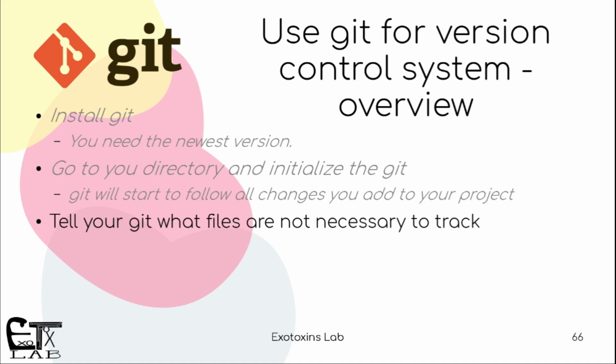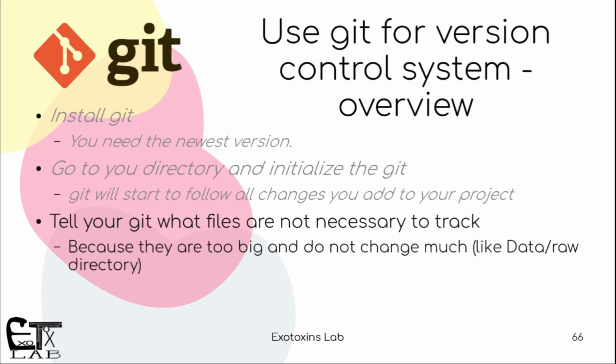We have installed Git. We know that we have the newest version. You initialize Git in your directory. Now you have to tell Git what files are not necessary to track that might be in your project. Why would you choose not to track a file? It's because they are too big, or they don't change at all.